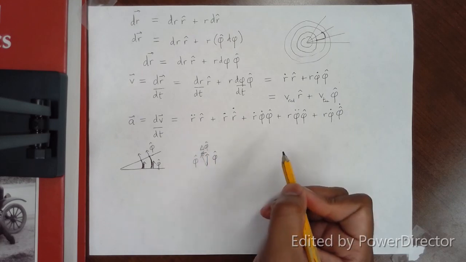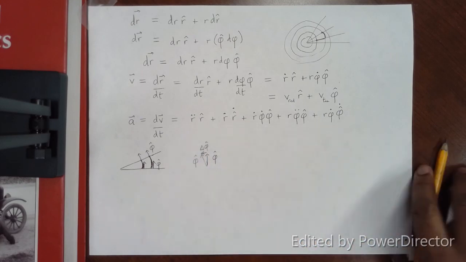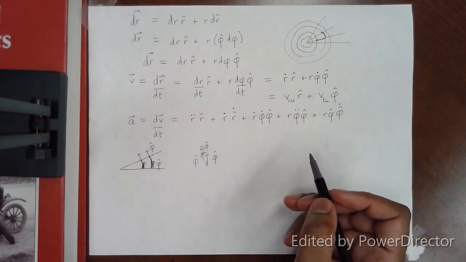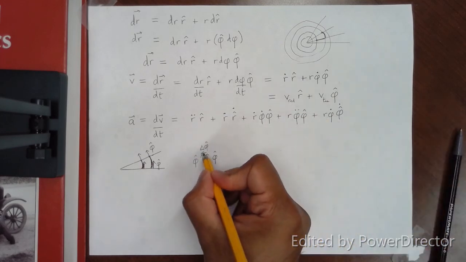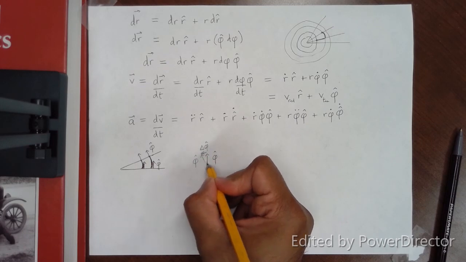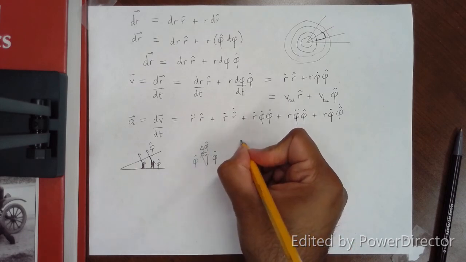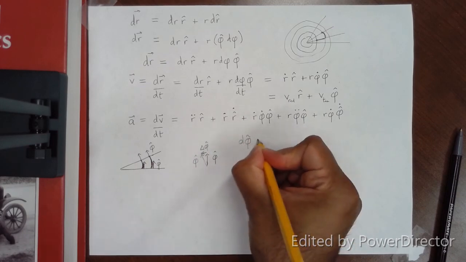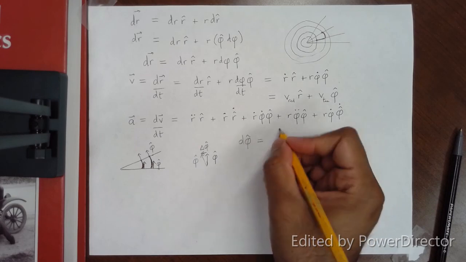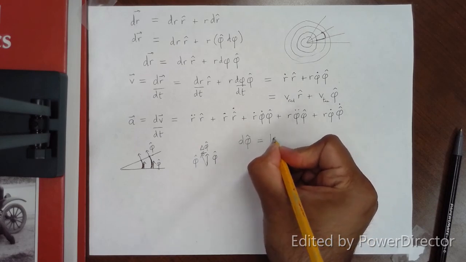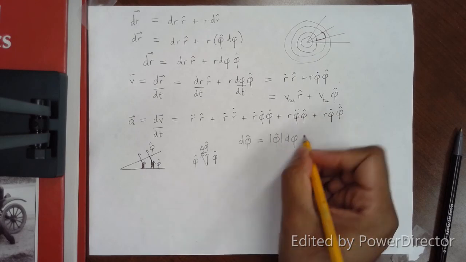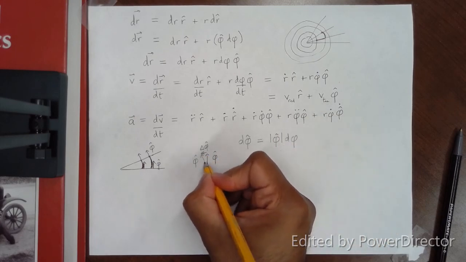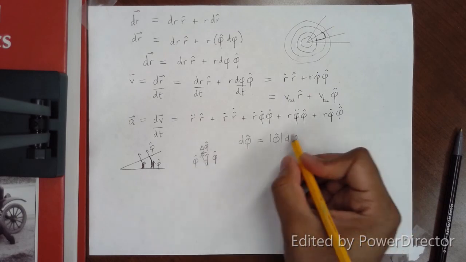As for the magnitude, we find once again that this magnitude will be related to an arc length picture. And so we have that d phi hat is equal to magnitude of phi hat times d phi. So that's the radius times the infinitesimal angle here.